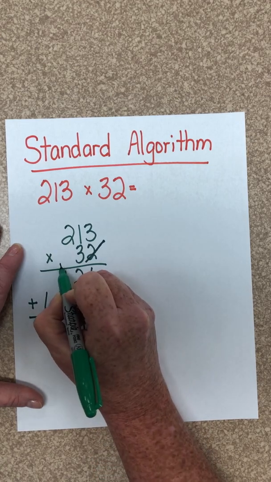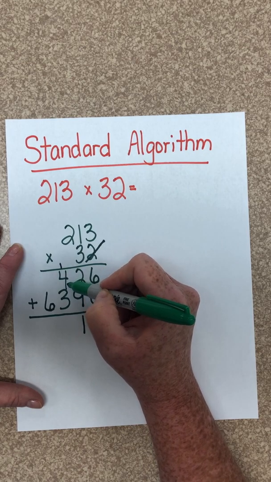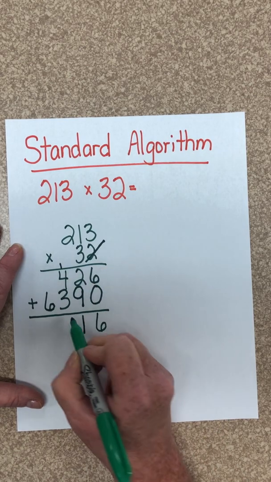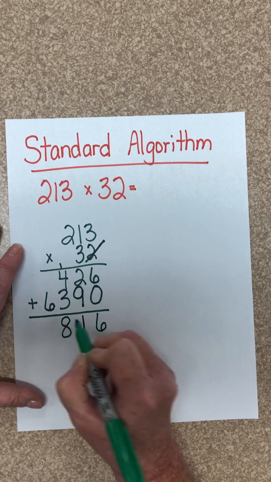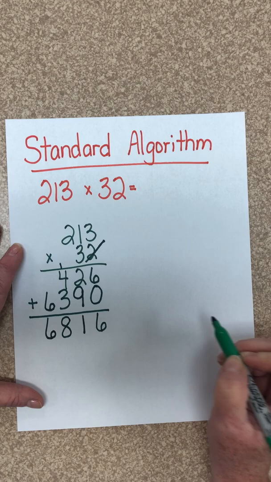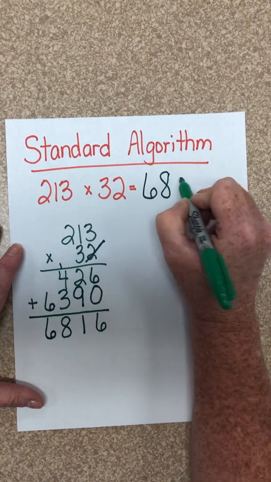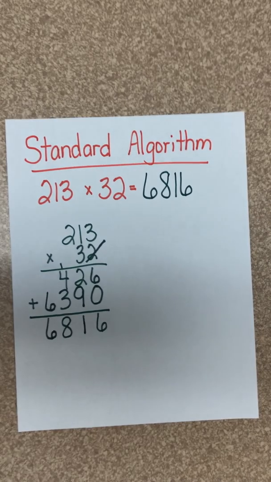So I'm going to have to carry a 1. 1 plus 4 is 5. Plus 3 more is 8. And 6 we just need to bring down. So our answer is 6,816.